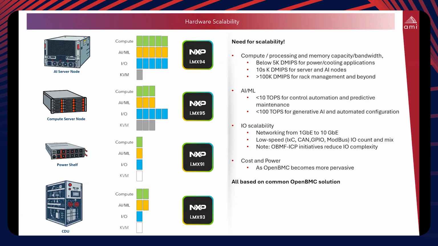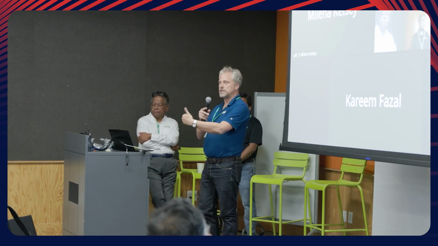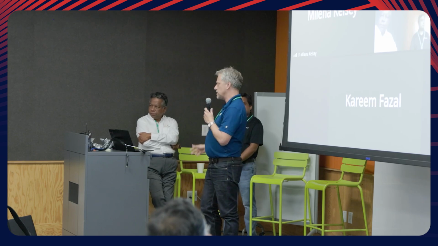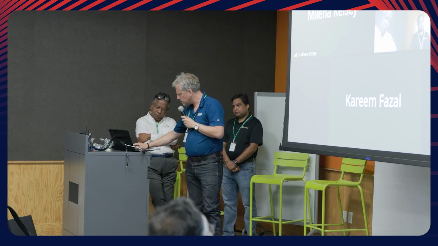Either by transitioning to USB, or as you observed earlier in the CDU, you may just have one Modbus link instead of 16 I2Cs to manage the motherboard. All these different parameters are driving us to different SoC implementation options. So that's one observation from our side.